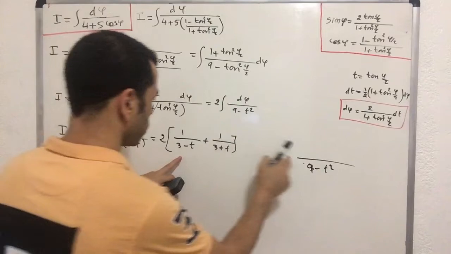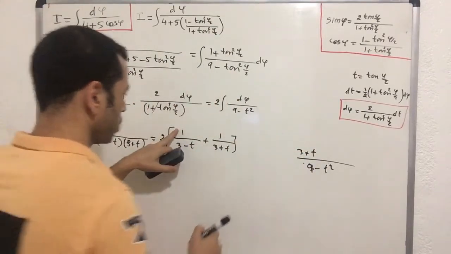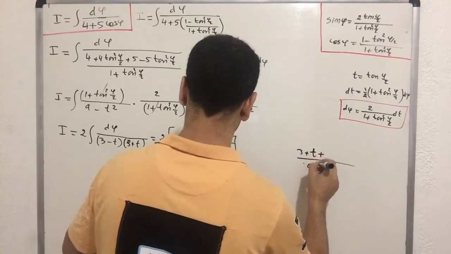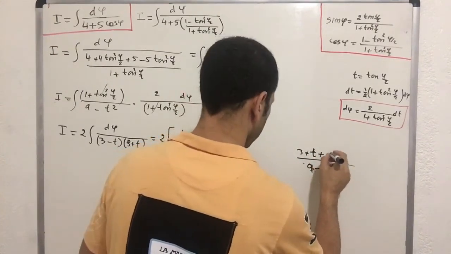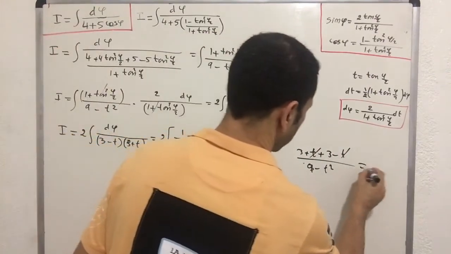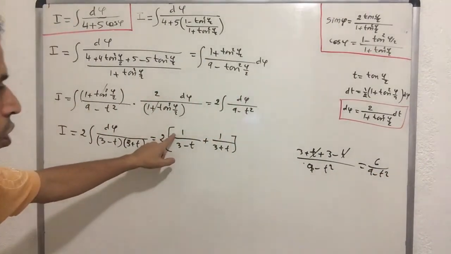The numerator is 3 plus t plus 3 minus t. The t's cancel out, and it gives you 6 over 9 minus t squared. So we need only 1.